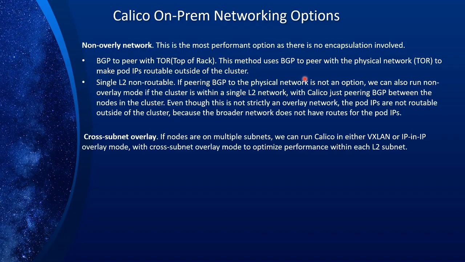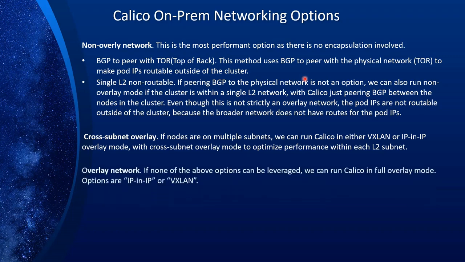However, if one pod is calling a service on a different node, which is on a different subnet, then you can configure Calico to use either IP-in-IP or VXLAN as we cross the boundary. So that's a really good option to get the best of both worlds. One is you get the benefit of no overlay if you're on the same L2 network, and also it provides overlay for the situations where we are crossing the subnet.